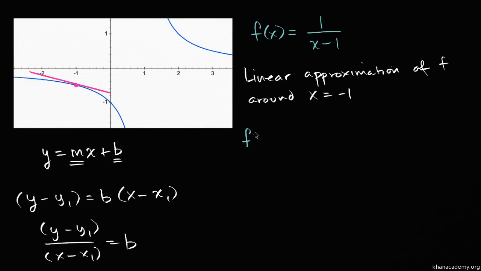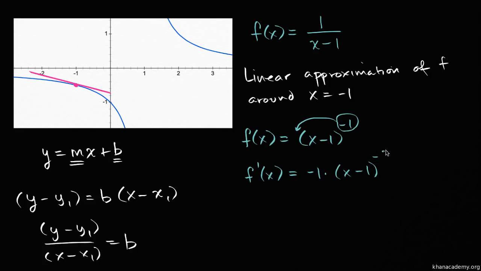So actually, let me just write f of x again. I'm going to write it as x minus 1 to the negative 1 power, because that makes it a little bit clearer that we can use the power rule and a little bit of the chain rule. So the derivative of f with respect to x is, using the power rule, negative 1 times x minus 1 to the negative 2.